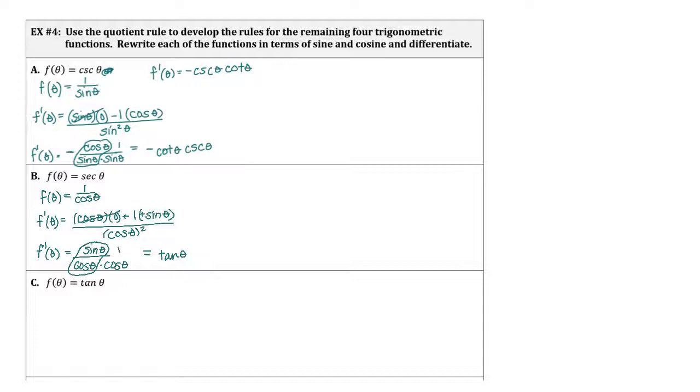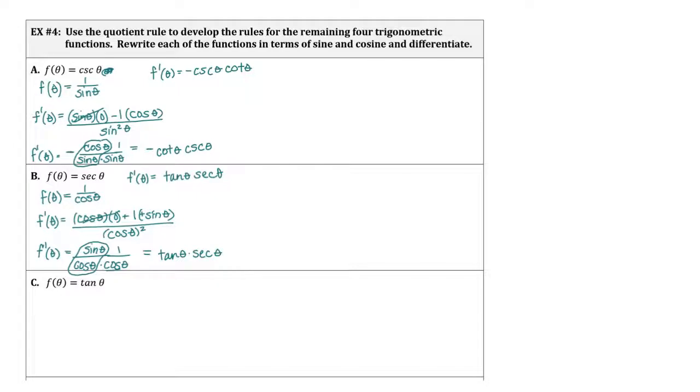And then 1 over cosine, because there is a 1 left up there, that's going to be secant theta. So the derivative, f prime of theta, is going to be tangent theta secant theta. And the order in which you write these is not going to matter because you are multiplying them.